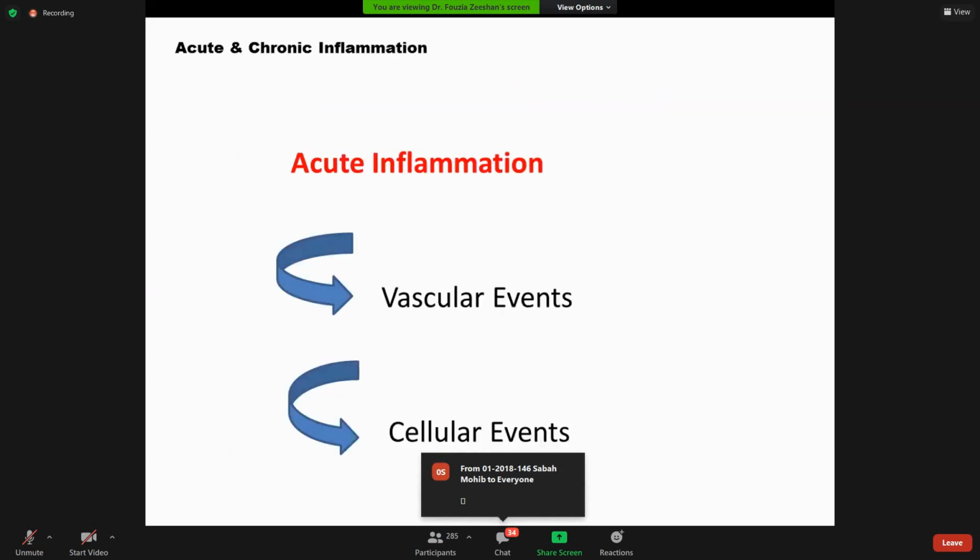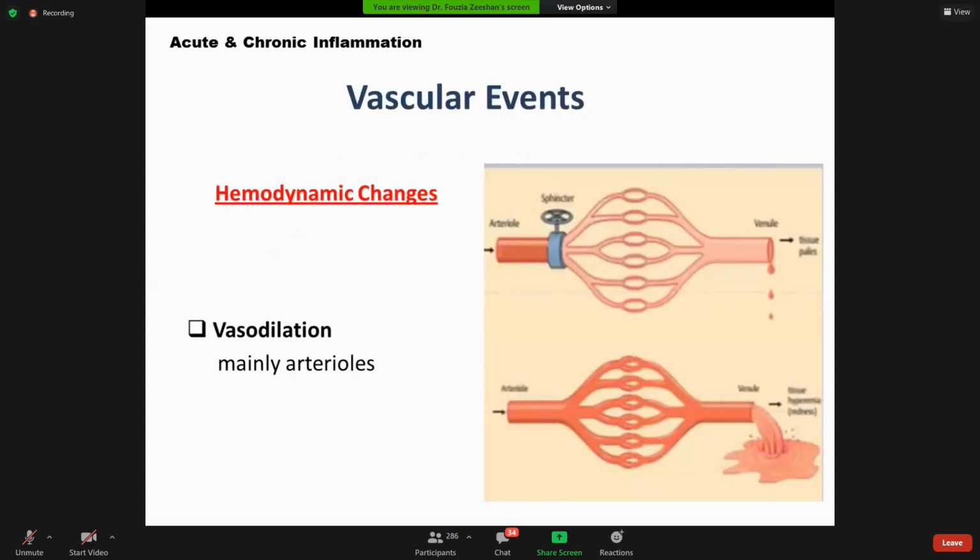Acute inflammation has two events, or we have divided it into two parts, the vascular events and the cellular events. In vascular events, there are some hemodynamic changes. Initially, whenever the body comes across any injury, there is initial vasoconstriction.